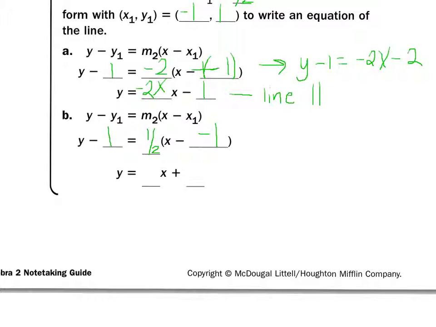So it will turn out to be y minus 1 equals 1/2 of x, and then this is plus 1, so plus 1/2. And then I add 1 to both sides. It will be y equals 1/2 x plus 3/2.